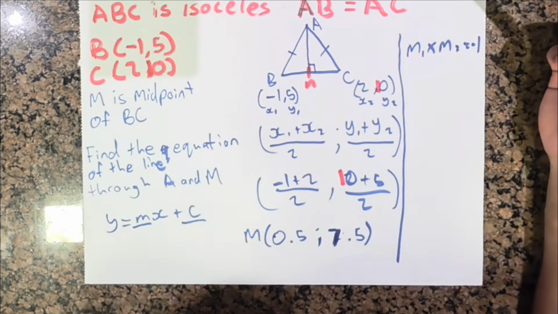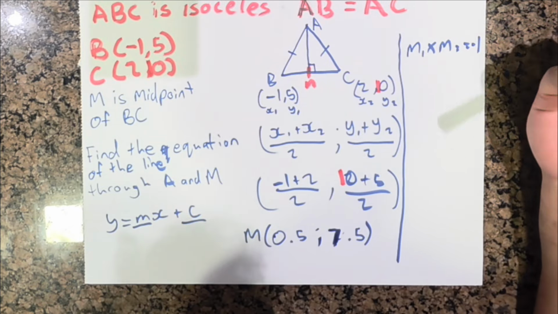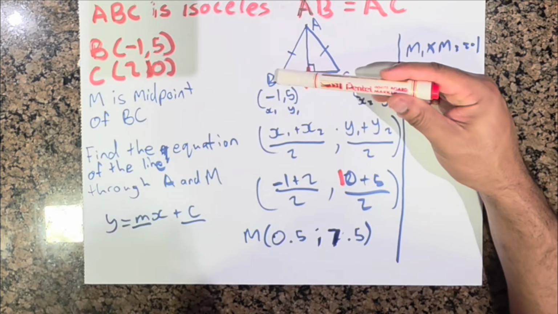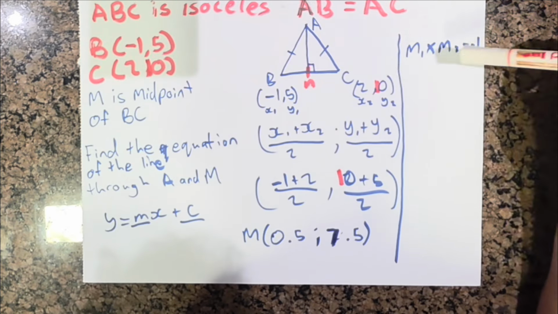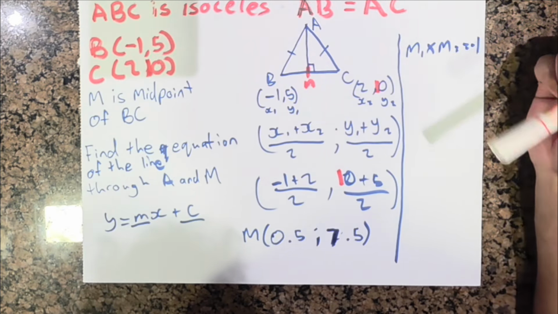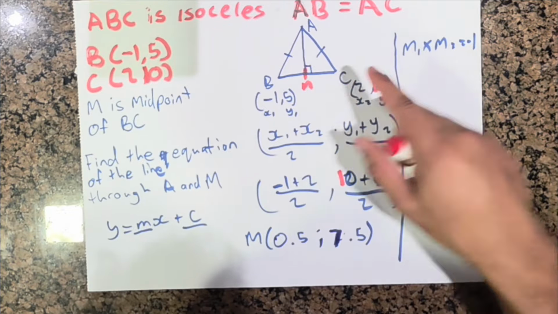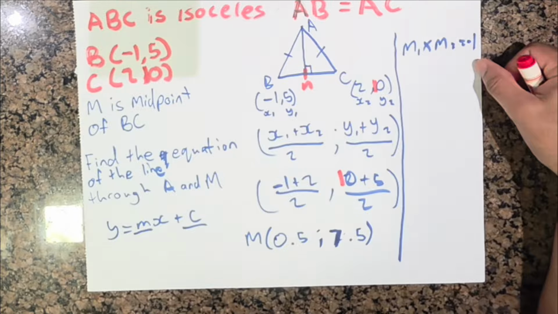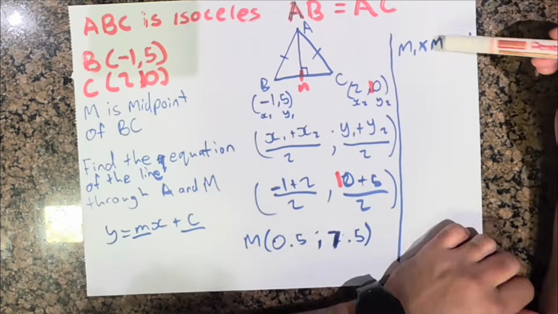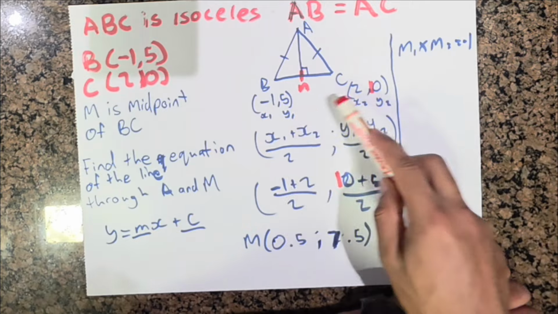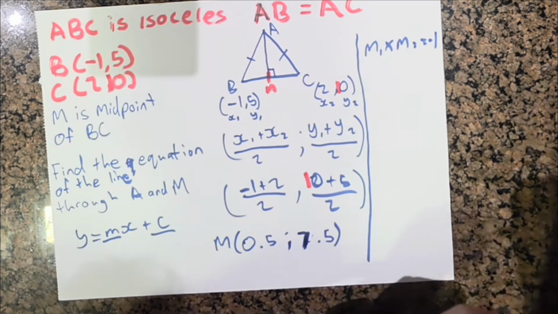In order to find the gradient, you need 2 points, right? We don't have 2 points for AM, but we do have 2 points for B and C.